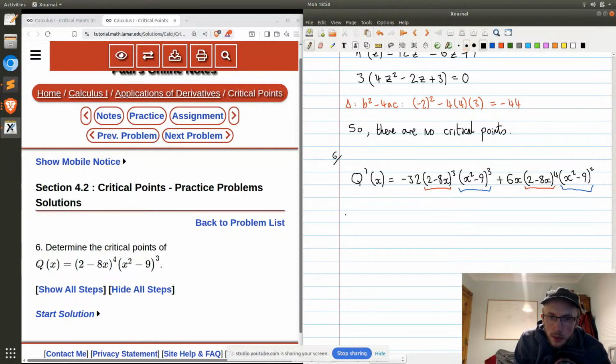So what I'm going to do is do q prime of x equal, first I'm going to factor out 2 minus 8x, and I'll factor that out 3 times. Then I'm going to factor out x squared minus 9 twice.